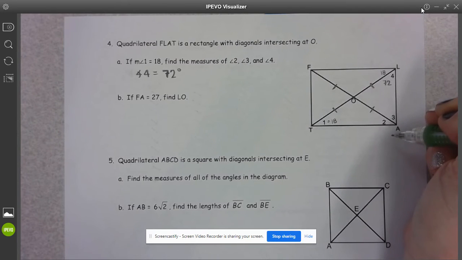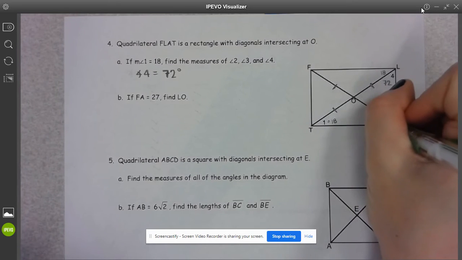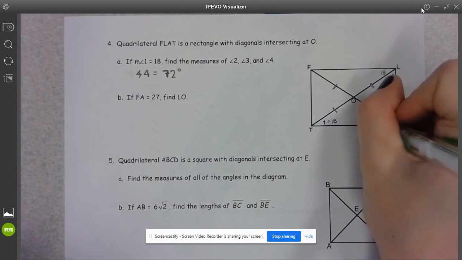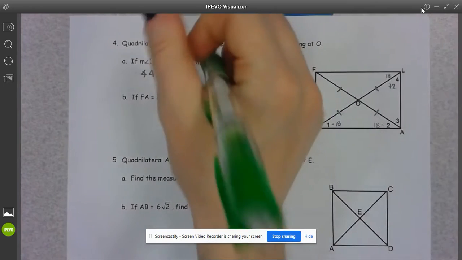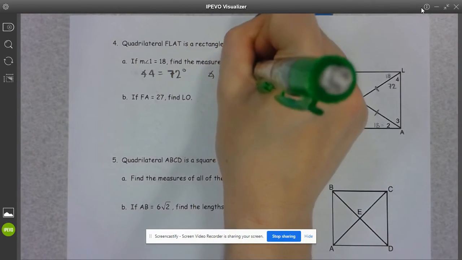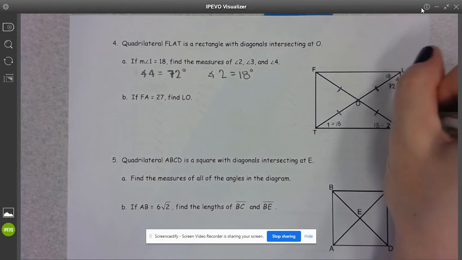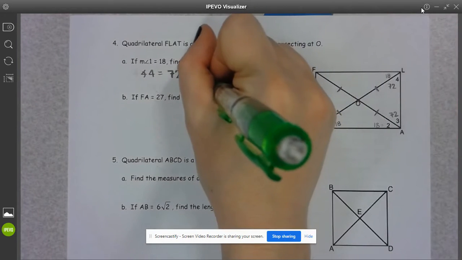And in isosceles triangles, our base angles are the same. So that means that 2 is also 18. And that means that 3 is also 72.